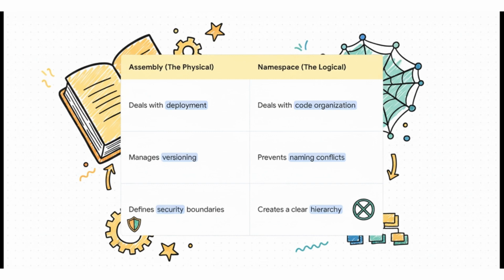A namespace, on the other hand, is purely logical. It's how you organize your code before you compile it to make it understandable and keep it from becoming a mess. It really boils down to this: assembly is physical, namespace is logical. Assembly is about deployment, namespace is about organization.